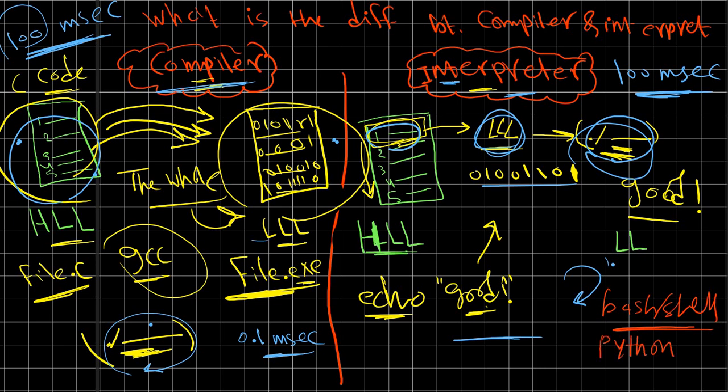Also we have languages like PHP. You have also Ruby. But when you come to the compiler, you will find C, C++, C Sharp. These languages use compilers.